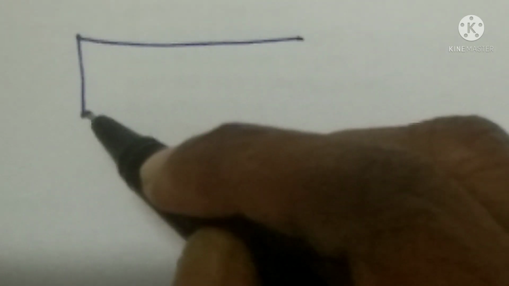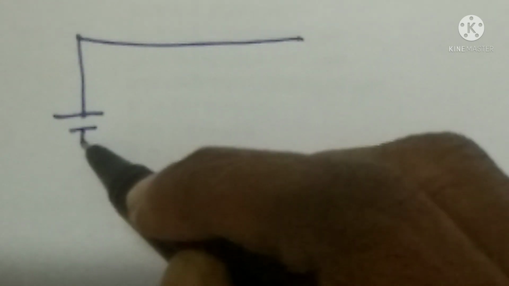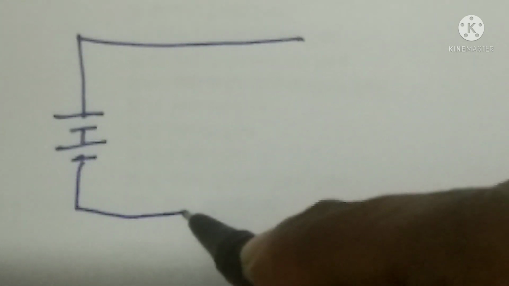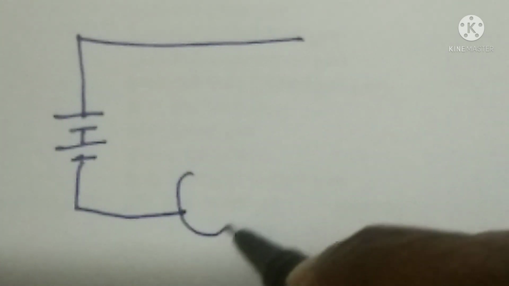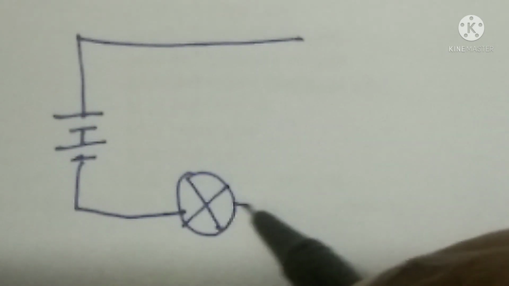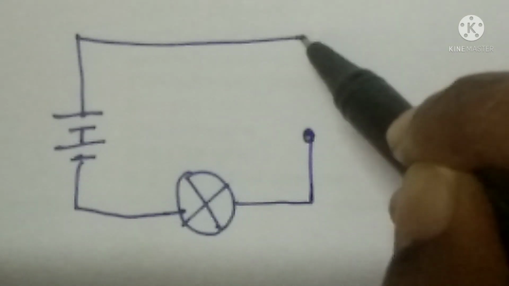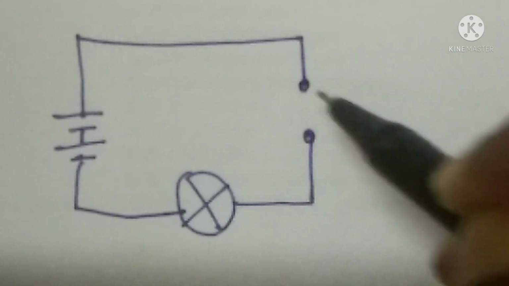Now if you want to make a closed circuit diagram, how will you draw? See here, first as usual the line, and then here you have the cell. Anywhere you can mark the cell. Okay, I am using 2 batteries, and here you have the bulb. From here you have the switch. Here one terminal and here one terminal.